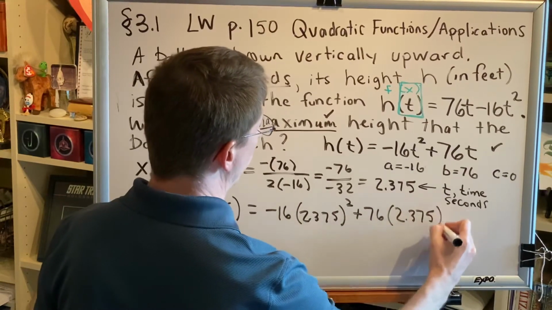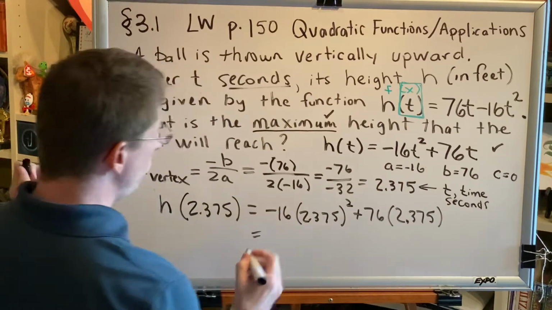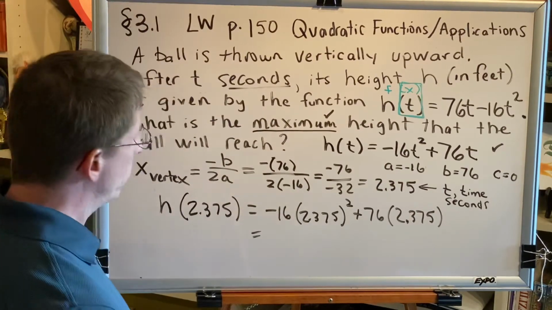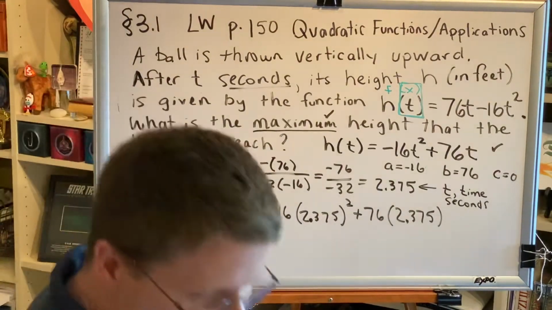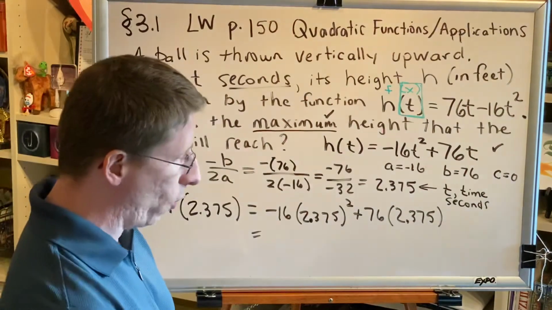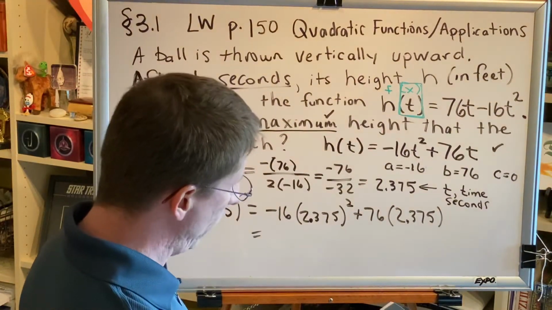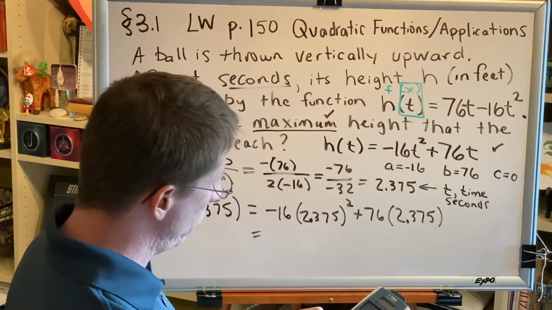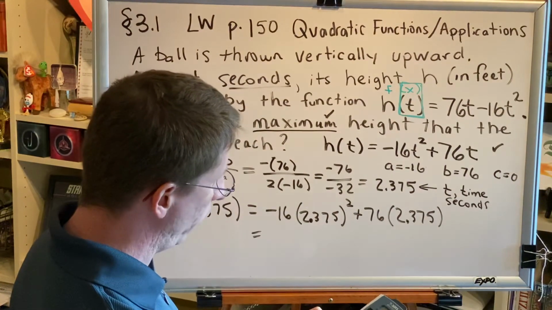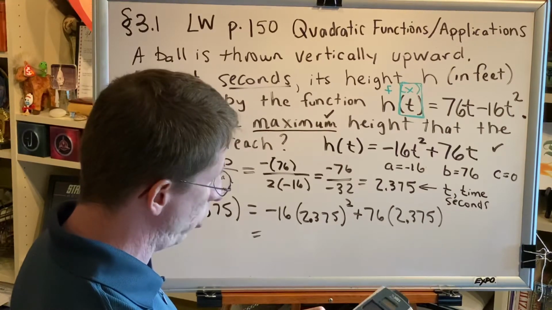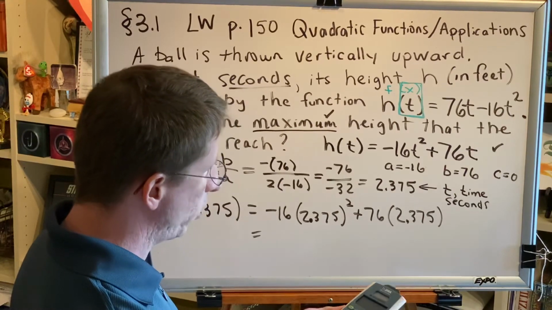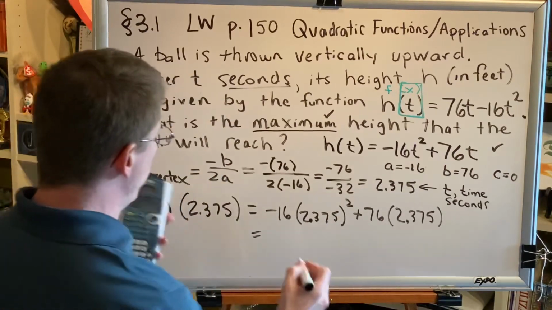Okay, so these are some longer numbers with decimals, so I think I'm just going to pick up my calculator and enter the whole thing at once. So negative 16 parentheses 2.375 close parentheses squared plus 76 parentheses 2.375 close parentheses, 90.25.